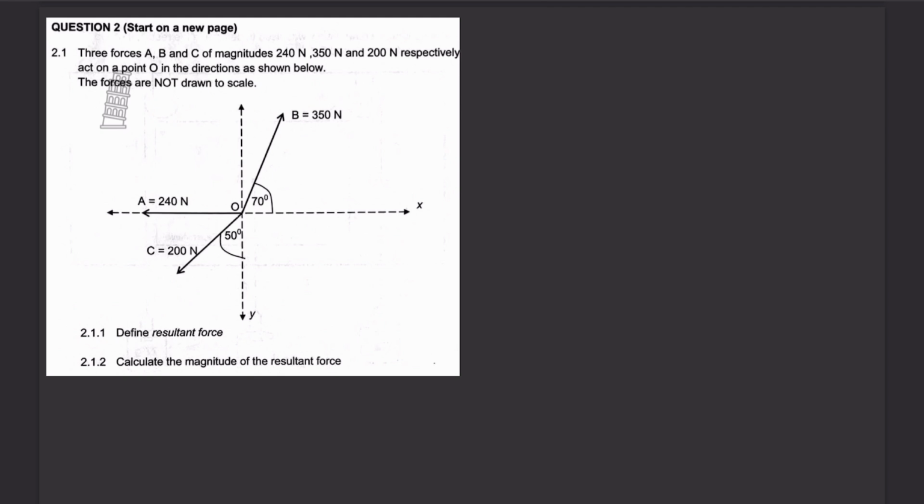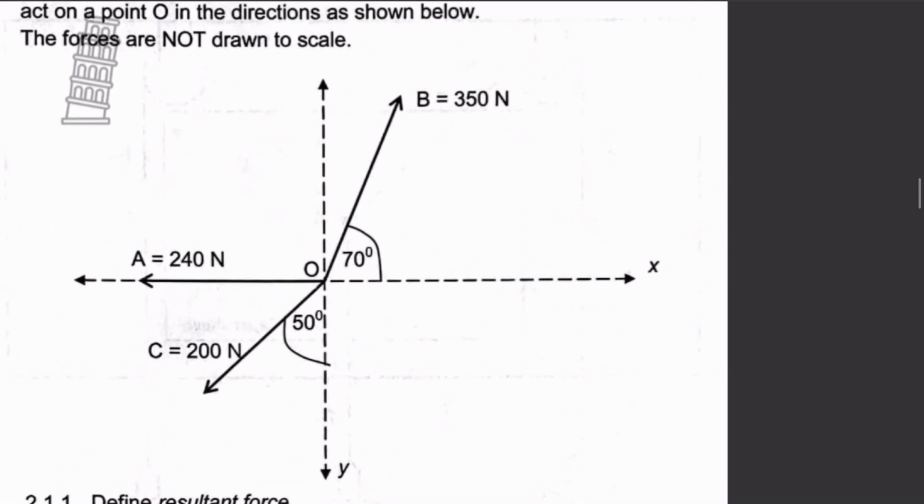So what we'll do is we need to break this up into components. Let's look at this force B. B will have a horizontal component, so let's call it BX, the X component, and then this will be BY.